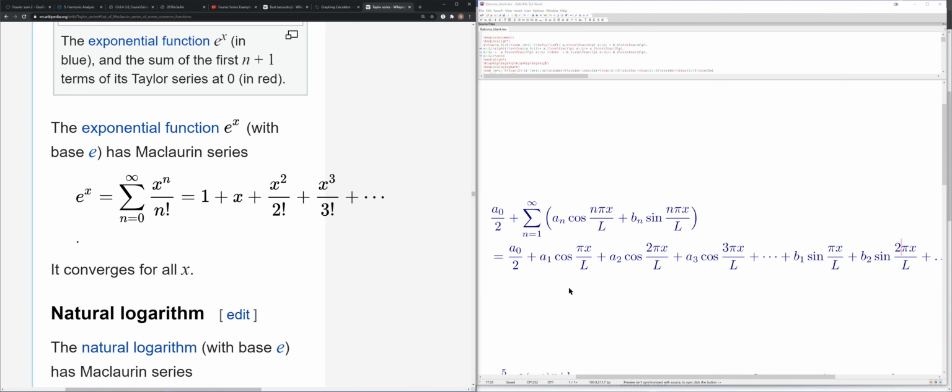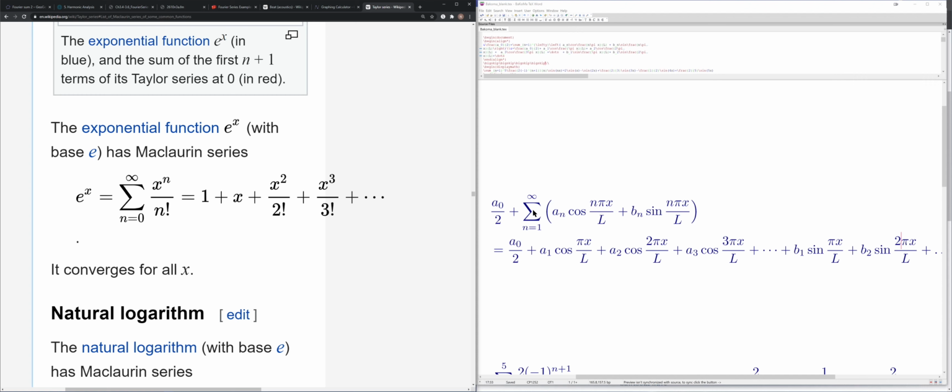What we have for Fourier series is again a series, right? So again, you have summation. You start at n is equal to 1 over here, you go to infinity, but now it's a series of cosines and sines, right?